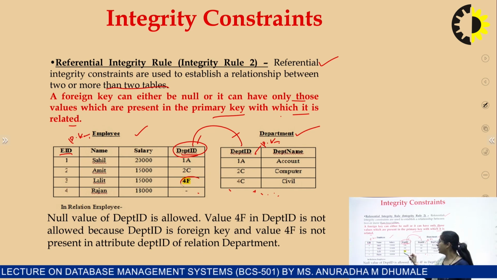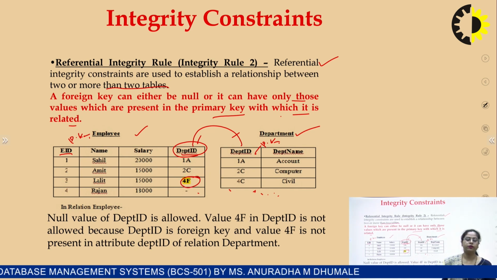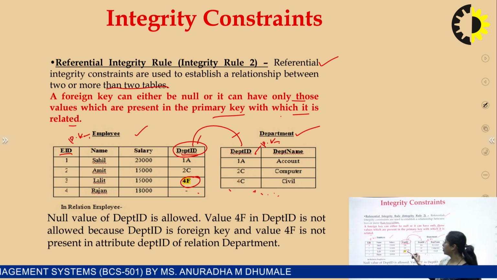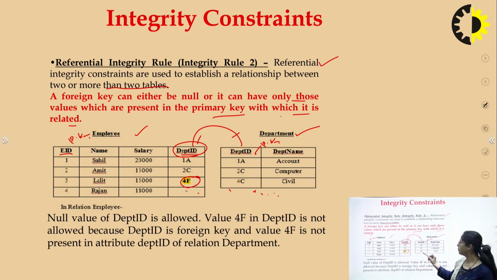Like if we take 4F as a foreign key here, it is not allowed in the referential integrity constraint, because 4F is not part of the department ID of the department table. So this value is allowable, null values are allowable, but a value which is not related to a department ID is not allowed.